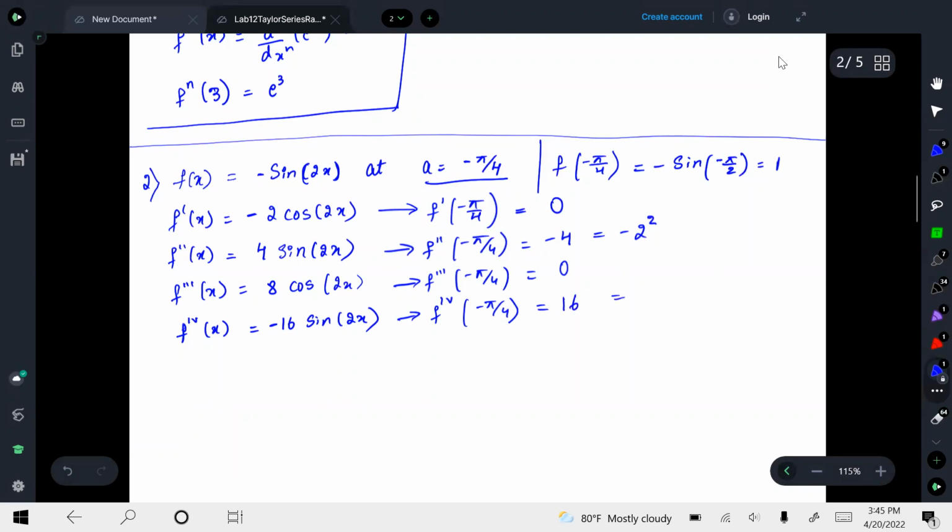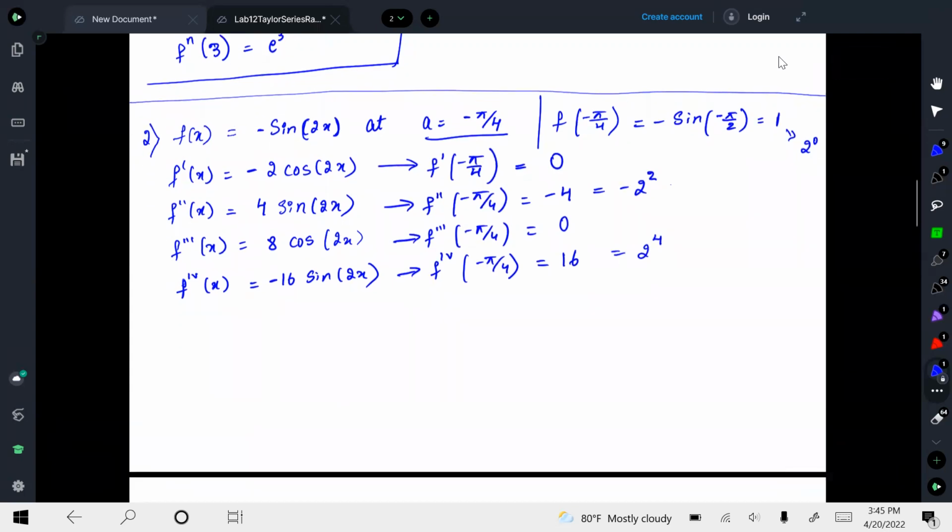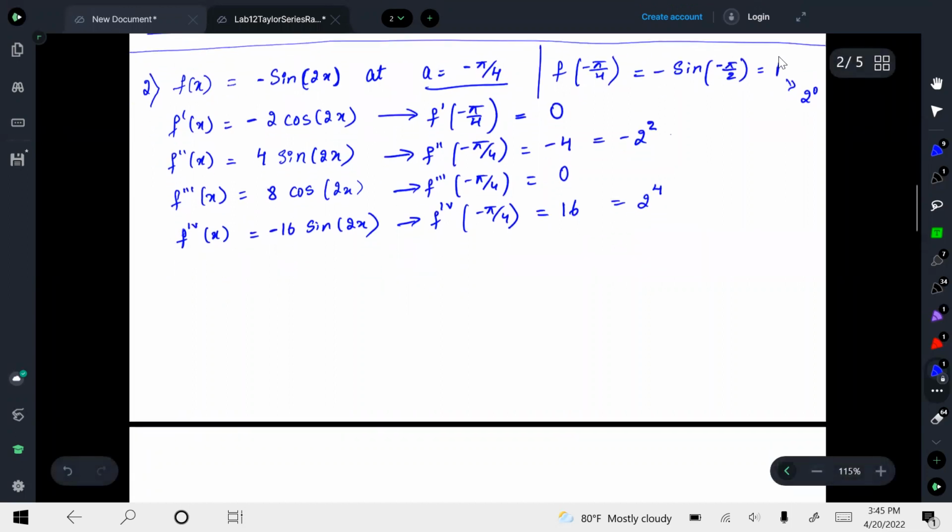We can write this in terms of 2 power as 2 to the power of 4. So here we actually have 2 to the power of 0, and then 2 to the power of 2 and then 2 to the power of 4. And in the alternative terms, we have 0. Remember, we need to find the patterns first so that we can develop the series later.